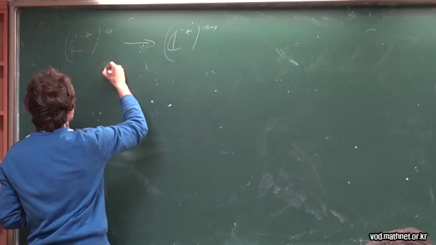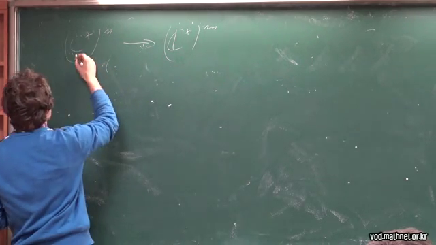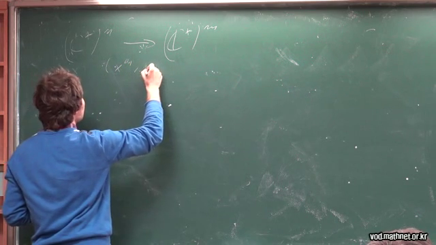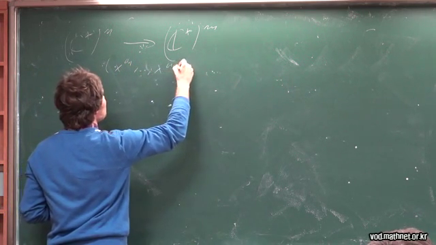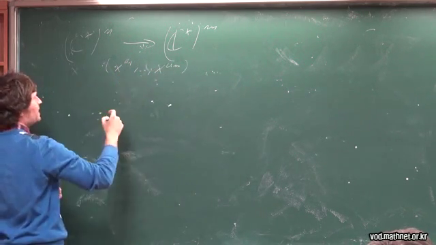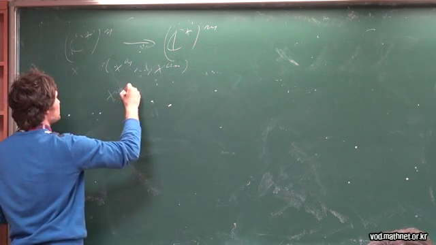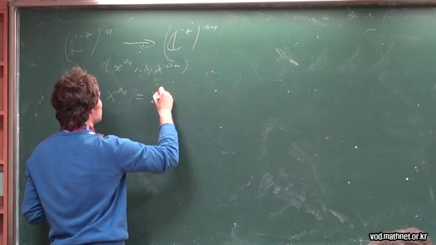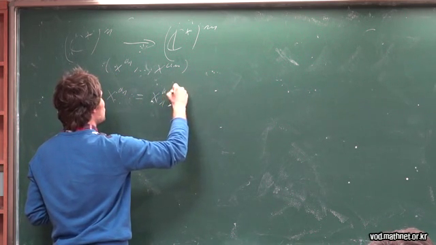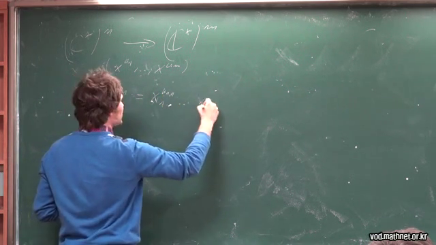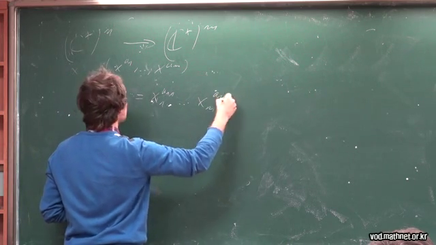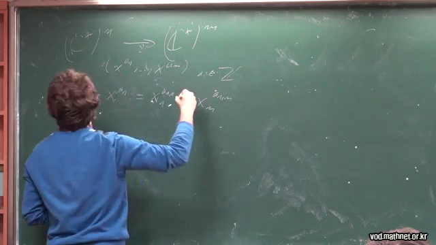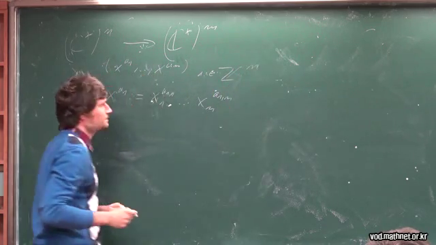So in fact, such a map has to be given like this. Let's say that the coordinates here are x. And here I'm using a multi-index notation. This is by definition x1 to the a11 times ... times xn to the a1n, and the a's are in Z to the n.